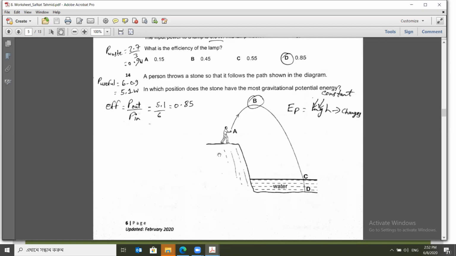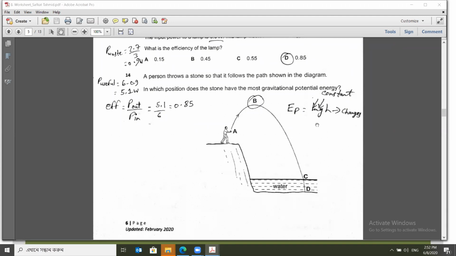Now explain, please. Sir, in B the height is greater than A, C, and D, and as the height is greater, the gravitational potential energy is higher. So that's why it's answer B. So gravitational potential energy is related to height, right? Yes, sir. And what about the others like m and g? Why are they not affecting the gravitational potential energy?